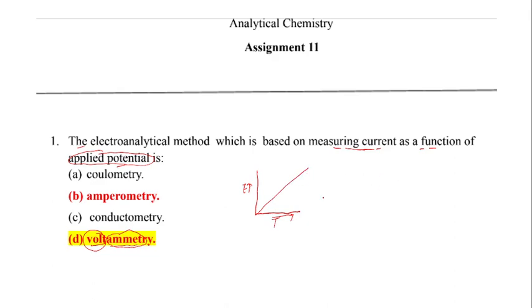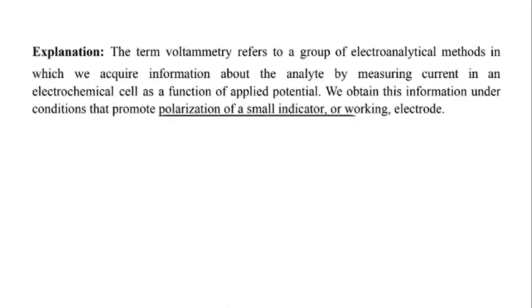There are different ways, like you can ramp the potential, or apply it pulse-wise, with some pulses of each. So this is all about voltammetry, and we will discuss further in detail in the next question. This is the explanation of this question.